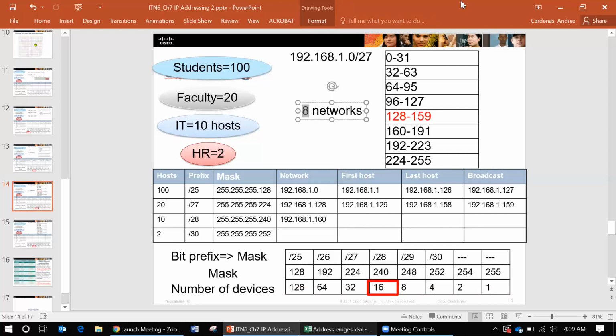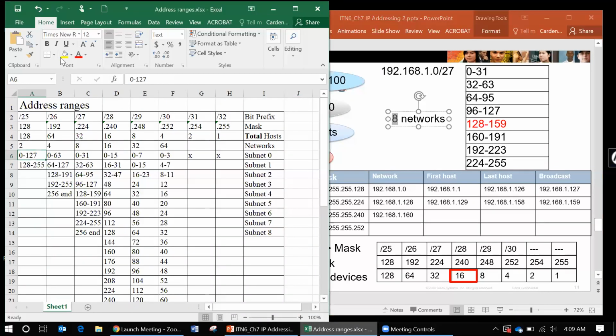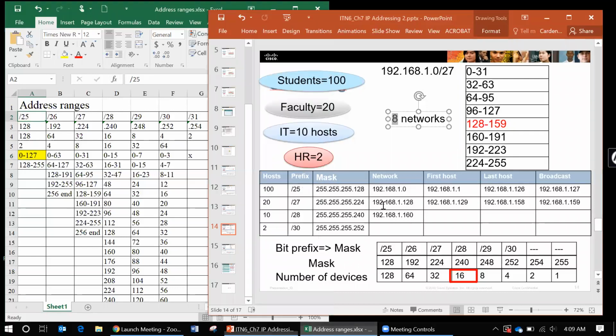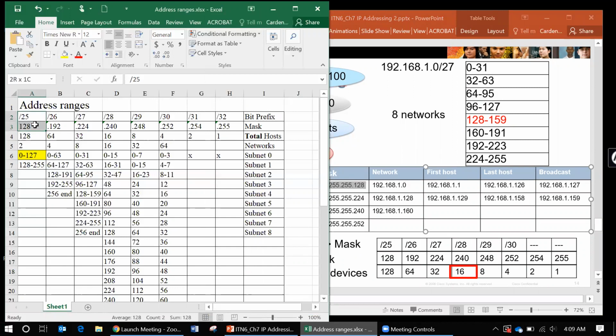So I am going to use this chart that I created here that has all the subnet ranges. So let's look at what we've already done. We've already used 0 through 127. So we use this range here. Remember, it was the /25, when we used the subnet mask of 128, just like here.